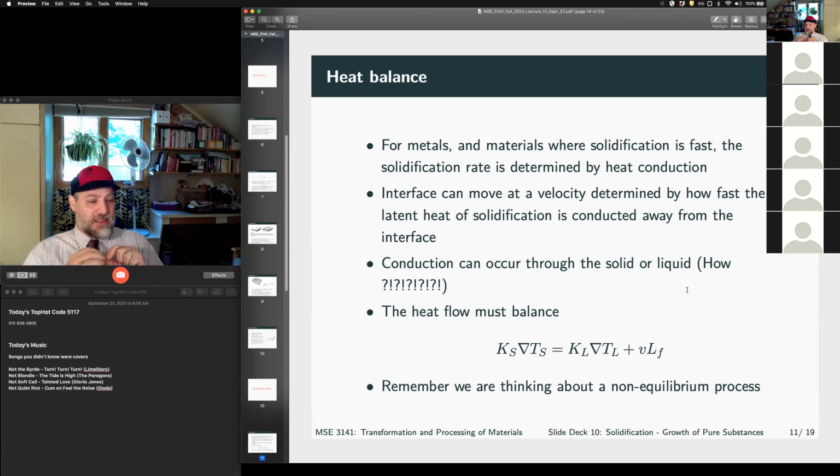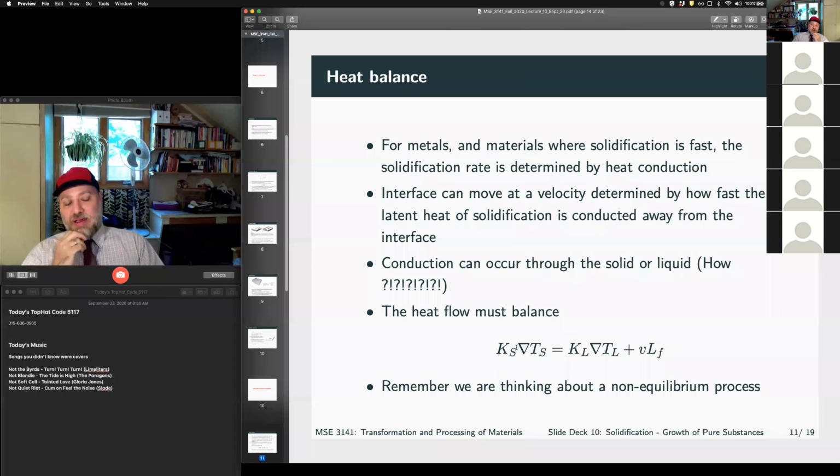So that means our solid is going to be essentially at the melting temperature, and our liquid is going to be cooler. So the heat flow is going from the solid into the liquid. So we have to consider what happens in both of these cases, and one of them leads to unstable growth. But we need to start out by talking about our heat flow.